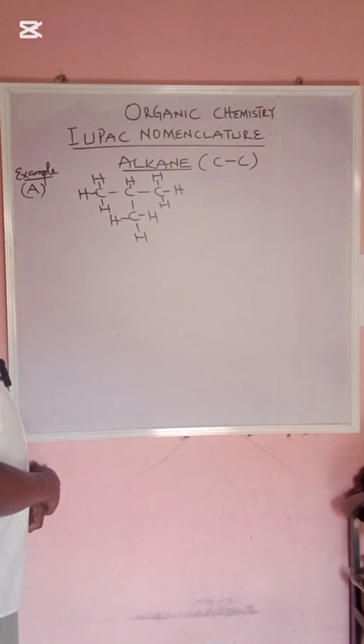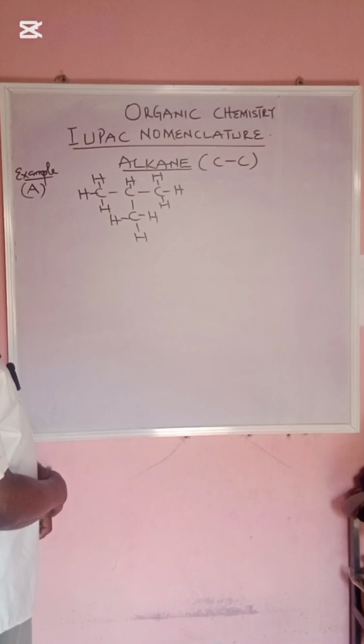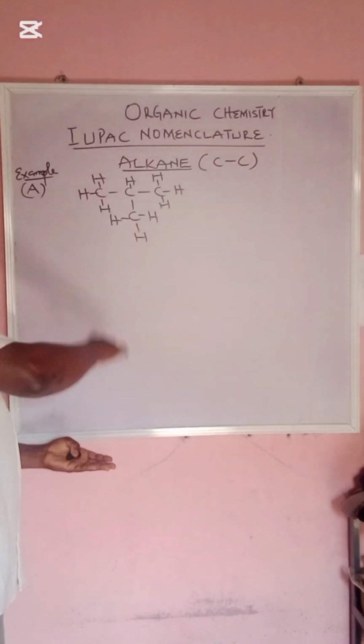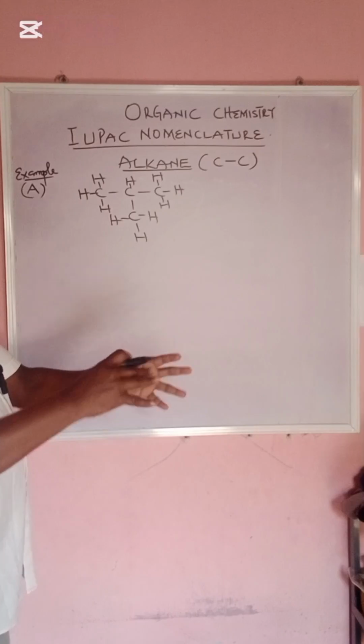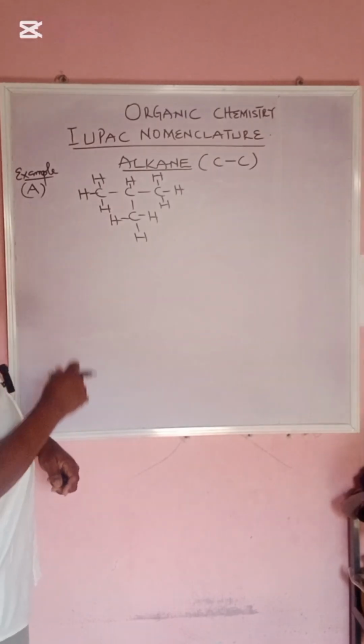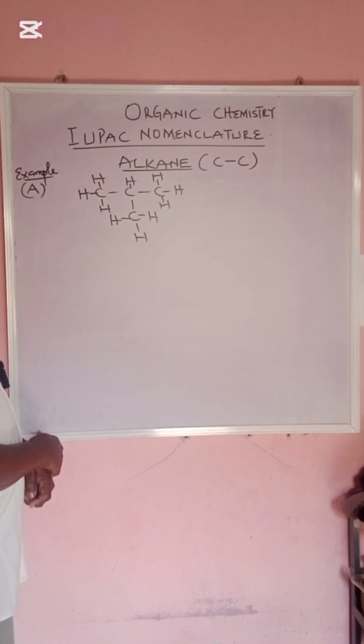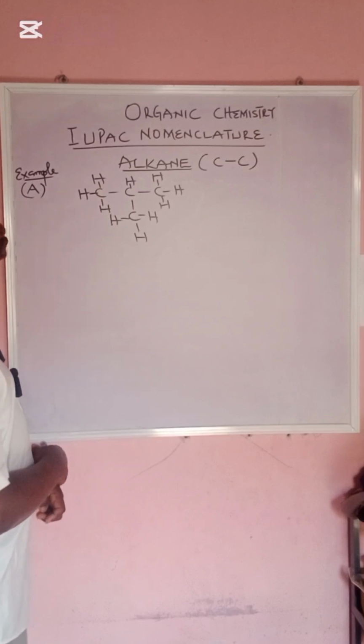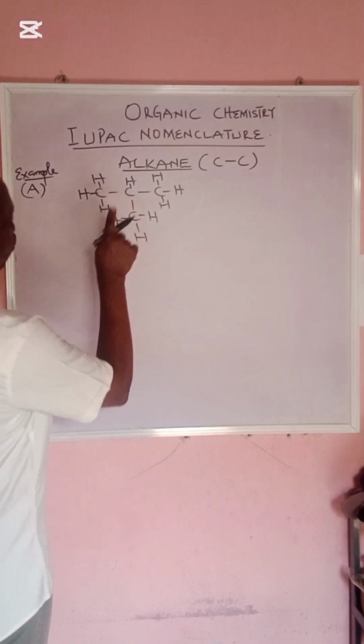Then the third one, you check the alkyl group. The fourth one, you check the carbon atom to which the alkyl group is attached. Then you count from left to right, then right to left. You take the lower number. The numbers are separated using comma, and the numbers are separated from alphabet using hyphen. We have done that one.